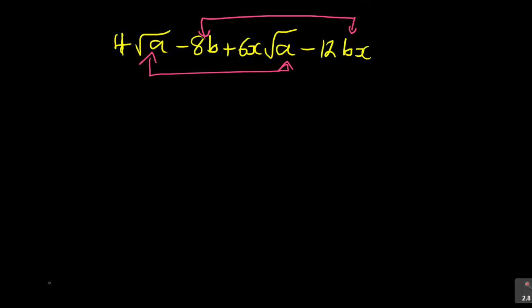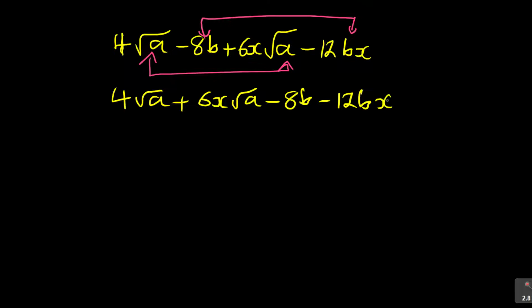So when I'm rearranging this, what I will have is 4 square root of a. Now you move it with the sign, it's plus 6x square root of a. Square root of a is considered as 1 because the multiplication sign means it moves as 1. And then the 8b is negative 8b, negative 12bx.